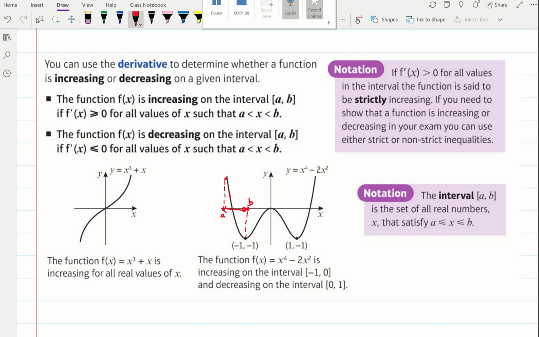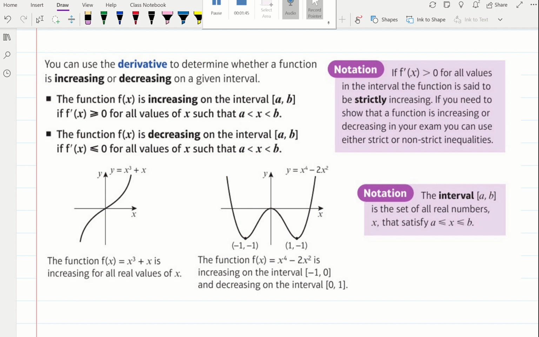And this function is decreasing in the interval a to b if the gradient is bigger than or equal to 0, if the gradient is positive for all values of x, such that x is bigger than a and smaller than b. So it's just defining in this interval all the values of the derivative of dy over dx are going to be positive, or in this case negative because it's decreasing, between that range.